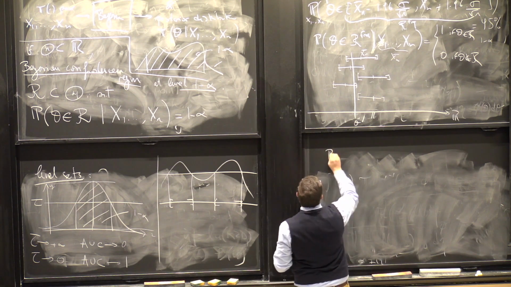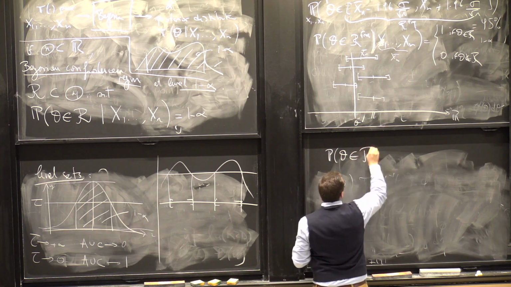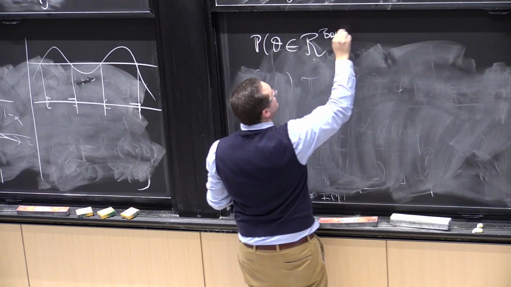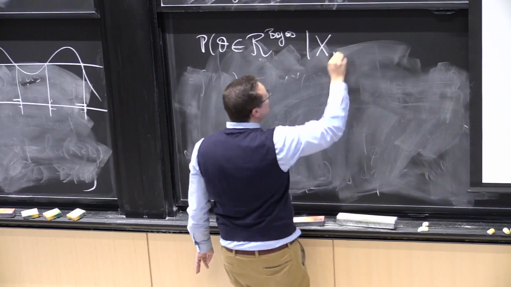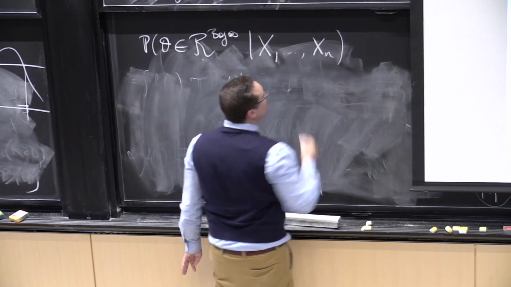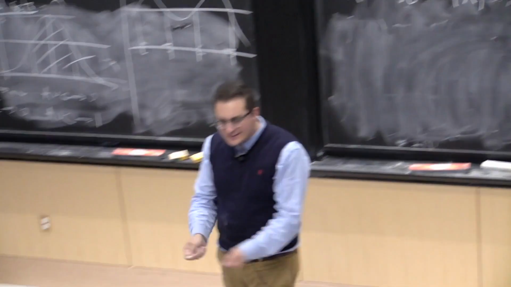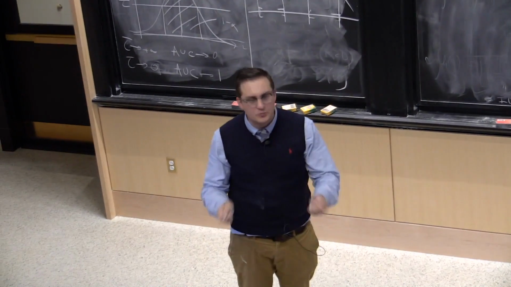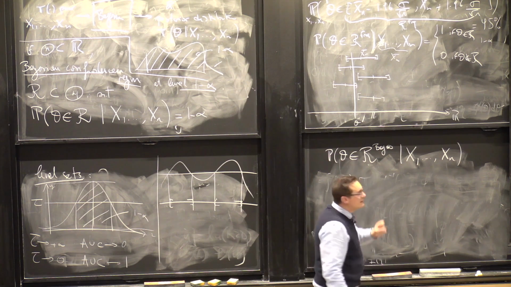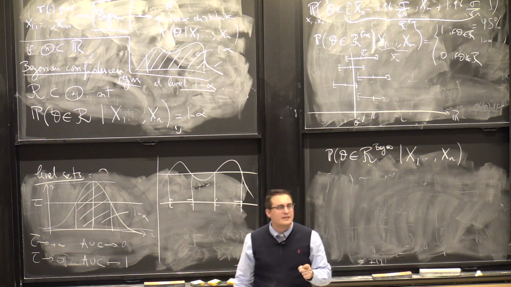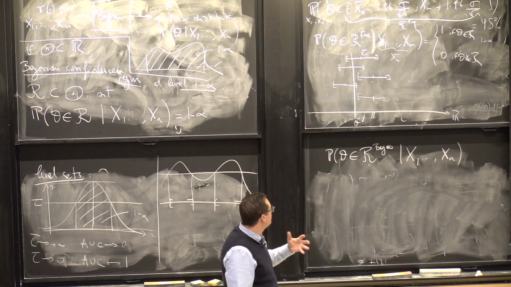When I said that the probability that theta belongs to R, and here I'm going to specify that it's a Bayesian confidence region like this one, this is actually conditional on the data that you've collected. It says, given this data, given the points that you have, just put in some numbers if you want. It's actually telling you the probability that theta belongs to this Bayesian confidence region.